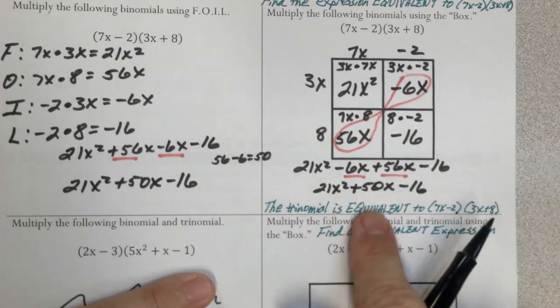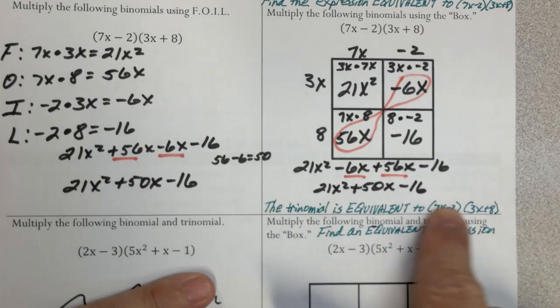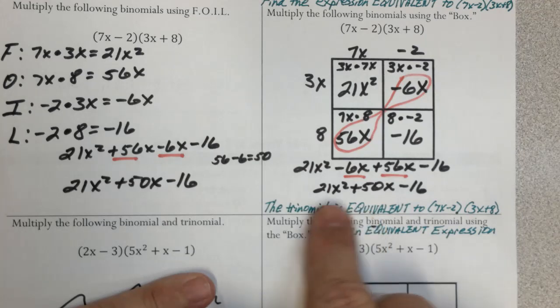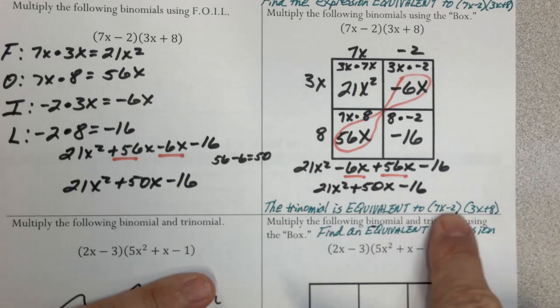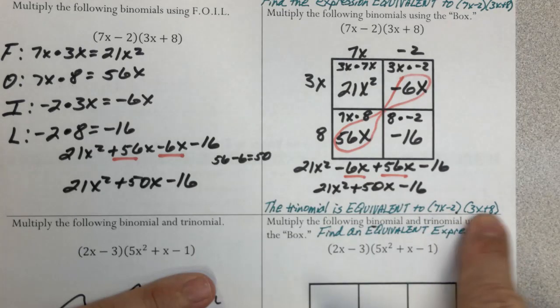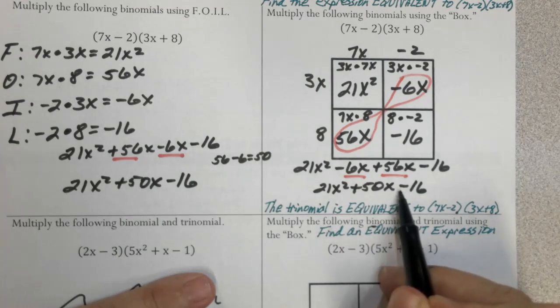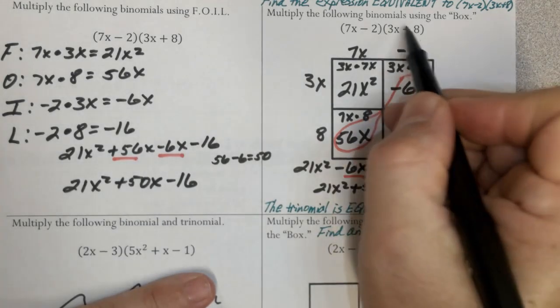Now go ahead and pause the video, and then make sure you write and understand this statement. Okay, so this trinomial is equivalent to 7x minus 2 times 3x plus 8. So this trinomial right here, our final answer, is equivalent to the two binomials that we multiplied.